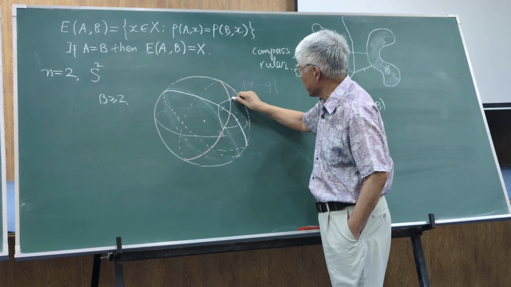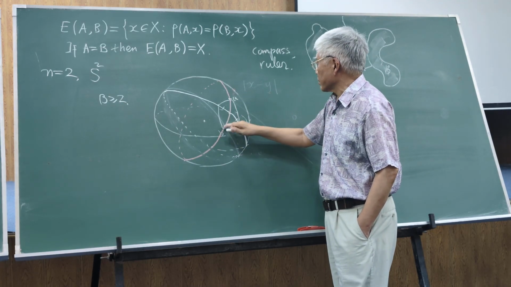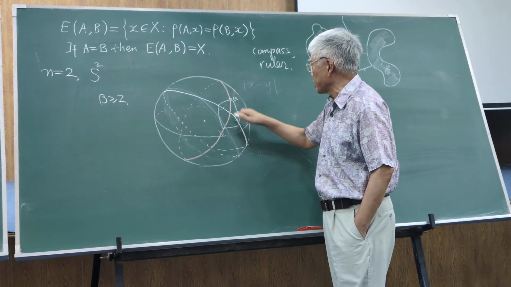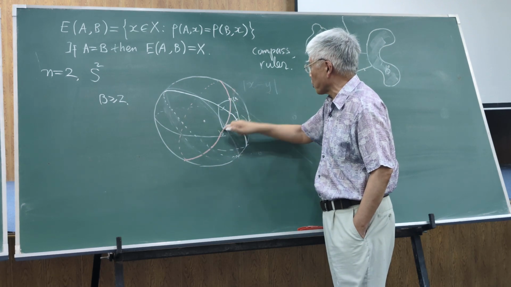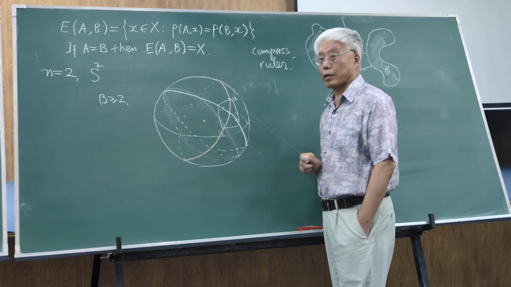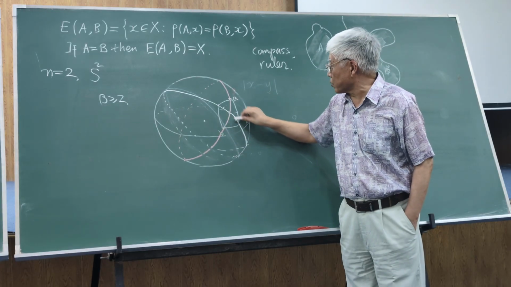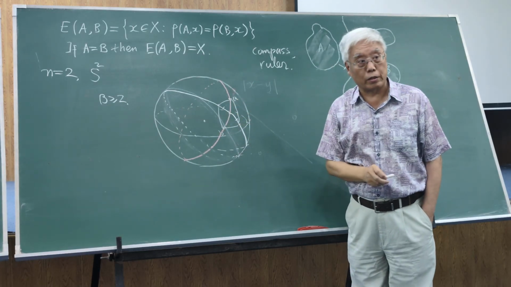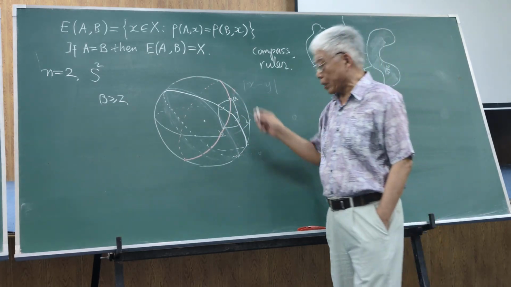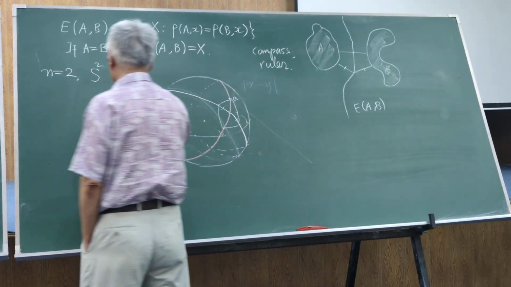From this point, if these are the same, then those 2 distances are the same. So these 2 points as a set don't distinguish these infinitely many points, which means beta is not equal to 2. Beta is at least 3.